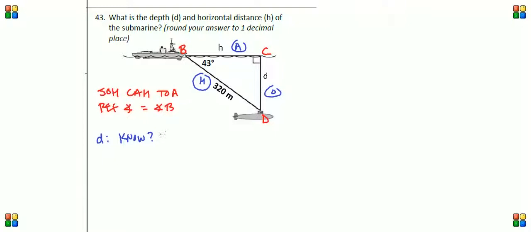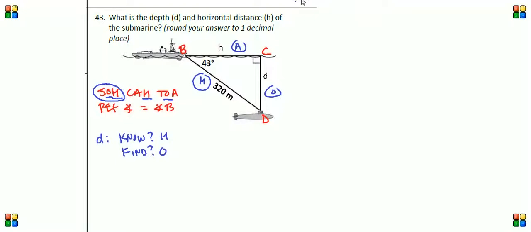So the side we know is H, hypotenuse. Let's go ahead and underline H and hypotenuse. What side do we want to find? Well, that's going to be side D, which is the opposite side. So we underline opposite, and we find that the trig function we're going to use is sine.